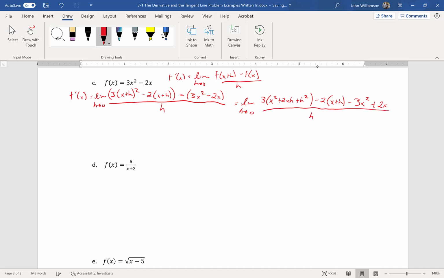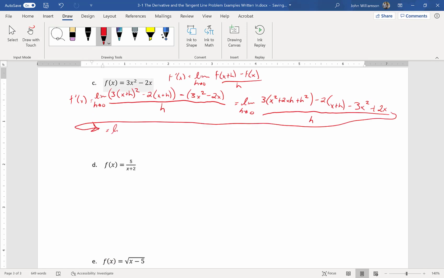Coming down to the next line then. So this is then the limit as h is approaching 0 of 3x squared plus 6xh plus 3h squared minus 2x minus 2h minus 3x squared plus 2x all over h once we distribute everything through now.